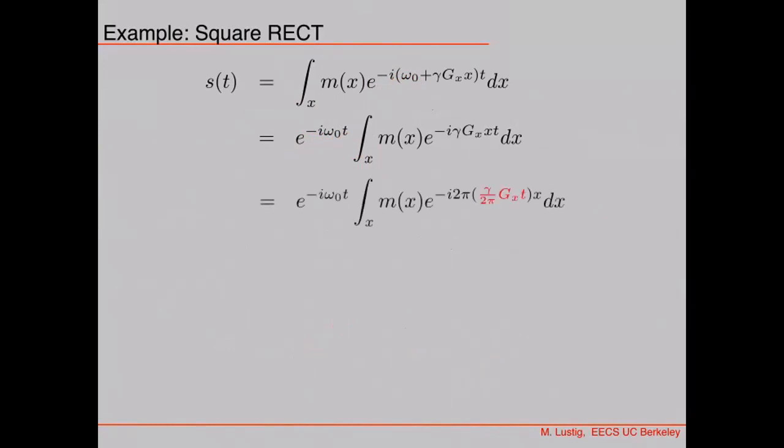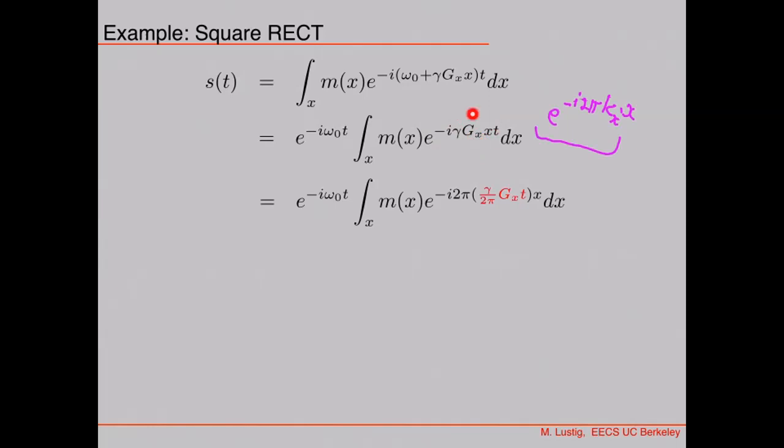The other thing is we made whatever is in the exponent look like a kx times x. If we had e to the minus i 2 pi kx times x, that would be a Fourier kernel.